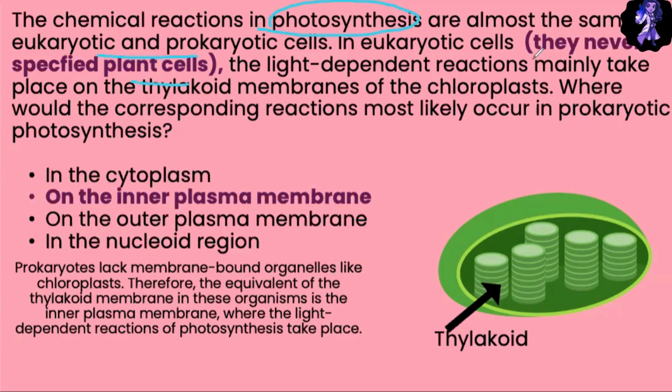They never specified in the question that they're talking about plant cells, but this is called deducing your answer. You're supposed to deduce the question and read through it to try to come up with a reasonable answer. And in this case, you're told that there's photosynthesis. It's a trick, or it is a way to help you out in a way.